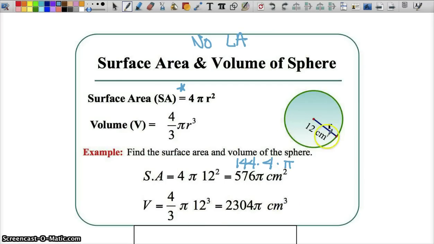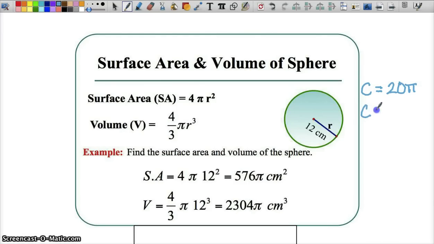Be really careful that if you see that the diameter is 12, remember that you're taking the radius, so half of that. So be really careful that you aren't automatically jumping in and just plugging in the information. Or another thing you may see, and this can happen anytime you have a circle, is maybe they'll give you that their circumference is 20 pi.